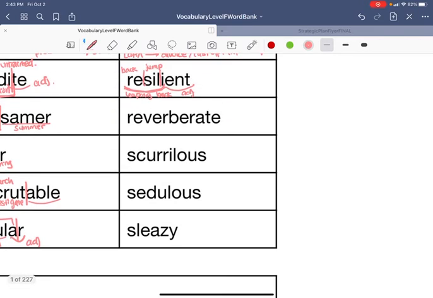Reverberate. So re means back. Verb means talk. And usually words that have something to do with talking back, and ate means action of talking back.